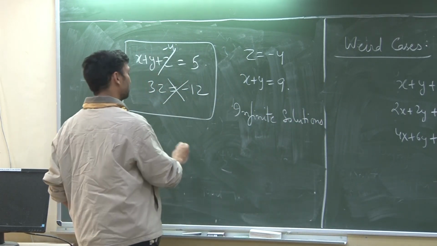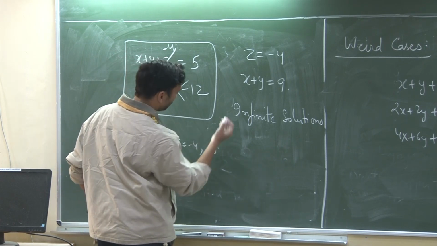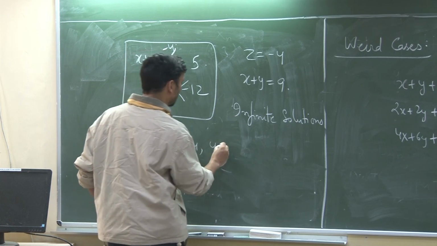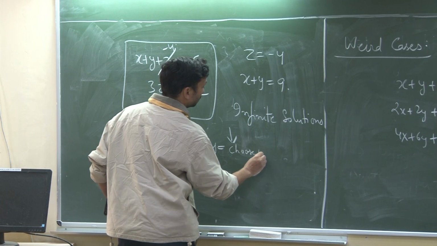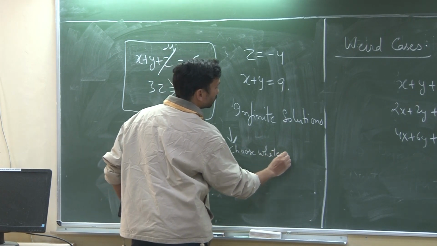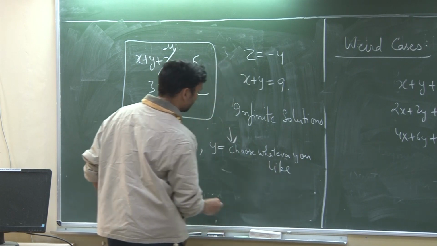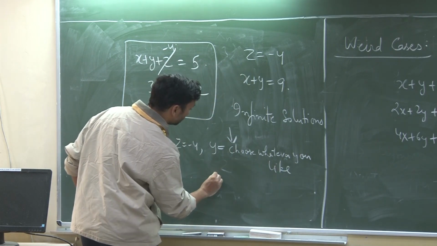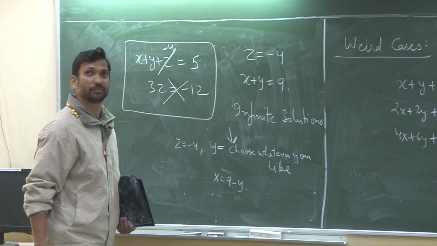In this case, your z is minus 4, and y you can choose, or you can choose x, you can choose whatever you like. And depending on that, your x is 9 minus y, right?